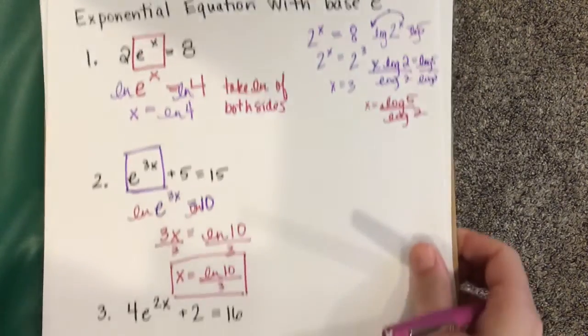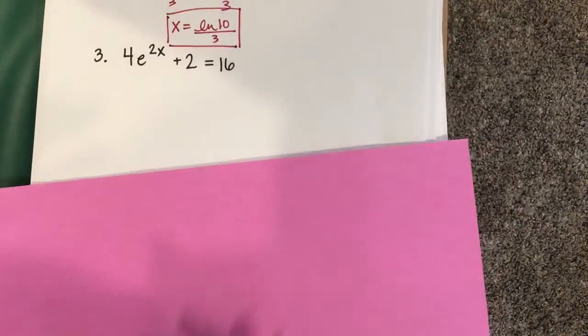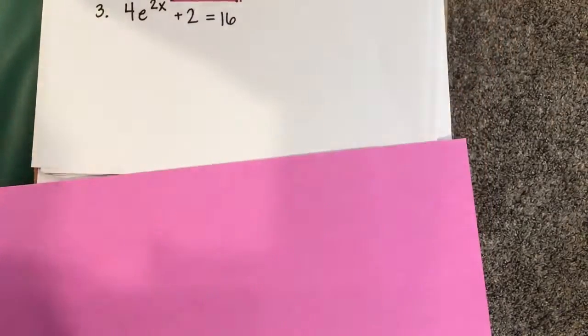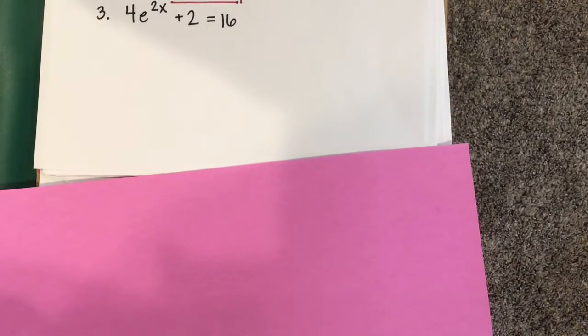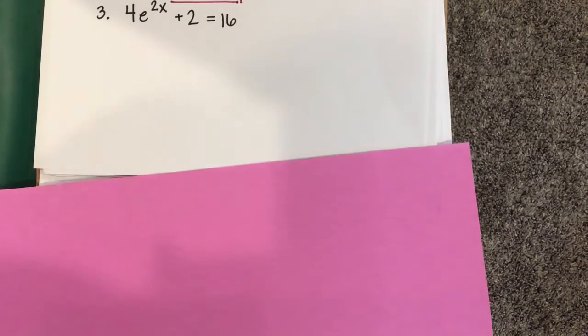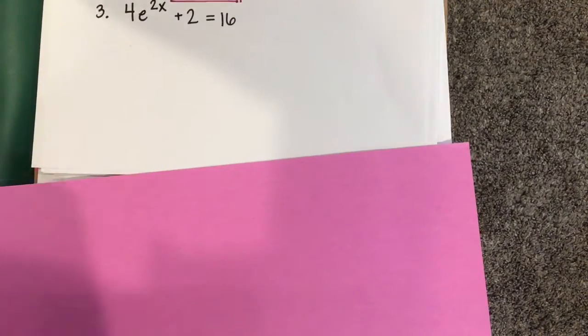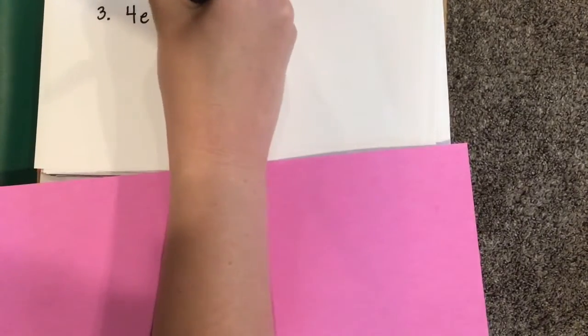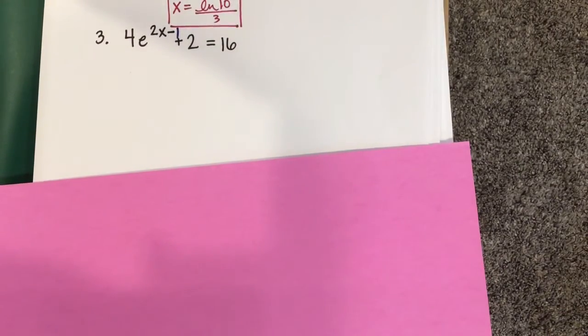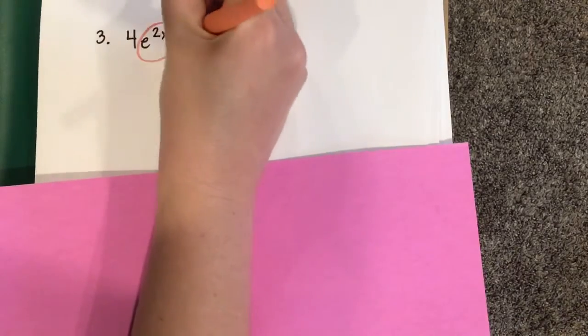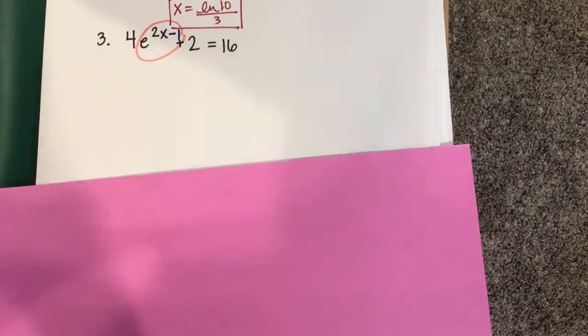Okay, and then here is your final one. So I'm actually going to modify this a little so I can show you guys something. Okay, I'm going to put that 1 there. There we go, folks. All right, so first thing, got to isolate that.